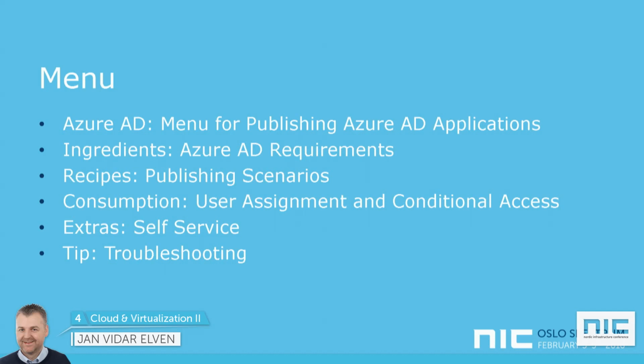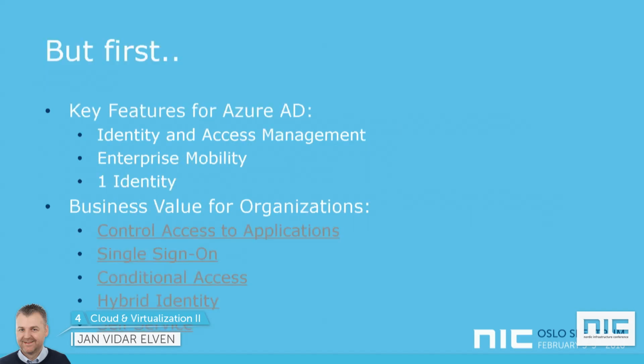Also, how are these users going to use those applications? What are the options? How does it look? We also have some extras and troubleshooting about self-service. So a lot of stuff to cover, but we have some main points. We'll start with that, and we'll go deeper into demos as we go.